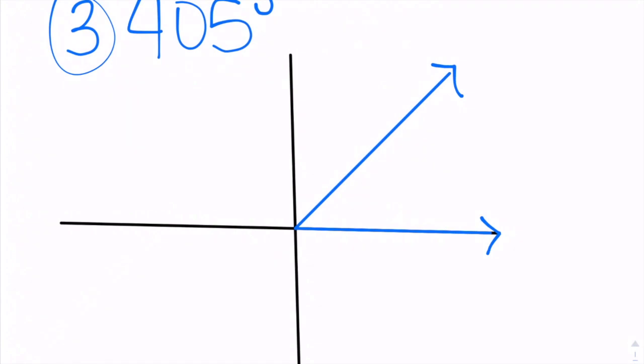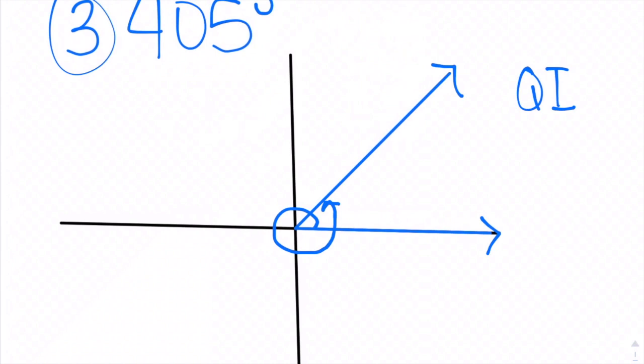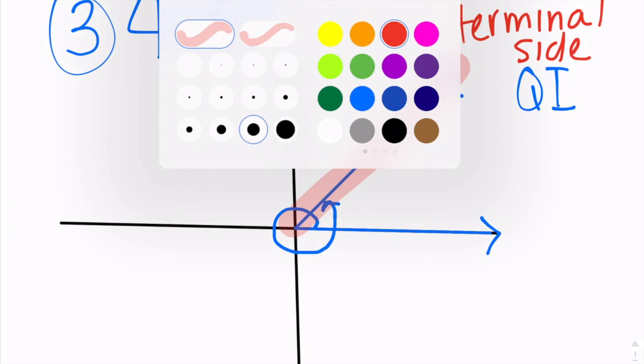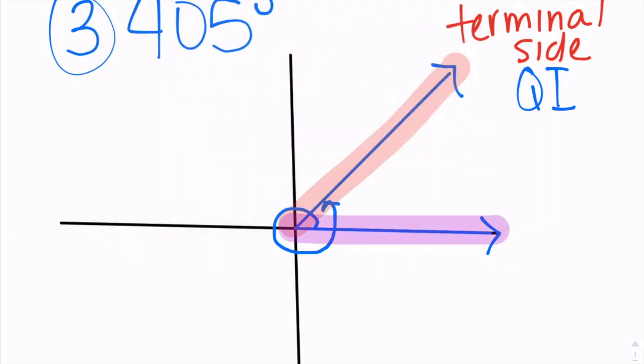However, when we draw our arrow around, we're going 360 degrees and then an additional 45 degrees. And so this terminal side is going to fall in quadrant 1. And so remember that we have our terminal side right here. And we have our initial side right here.